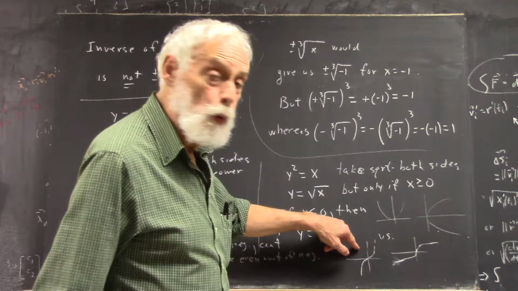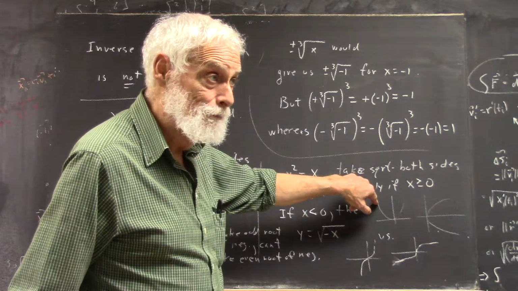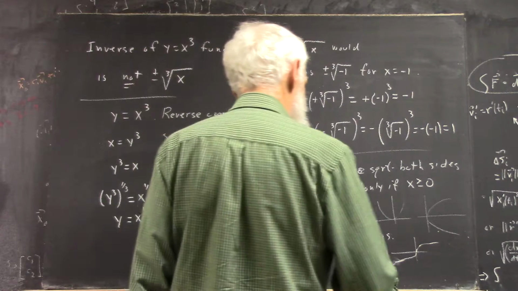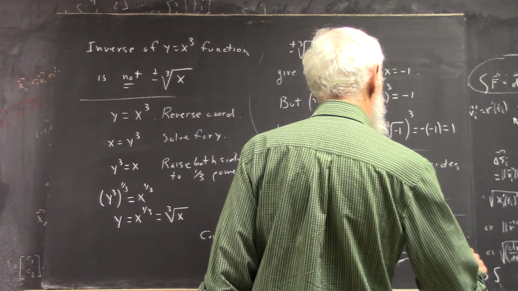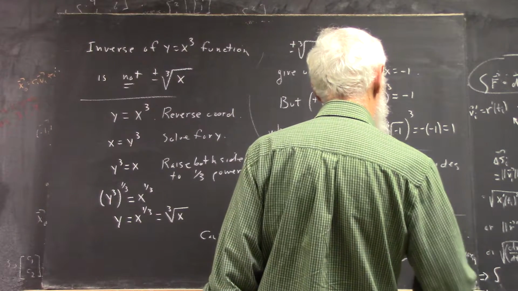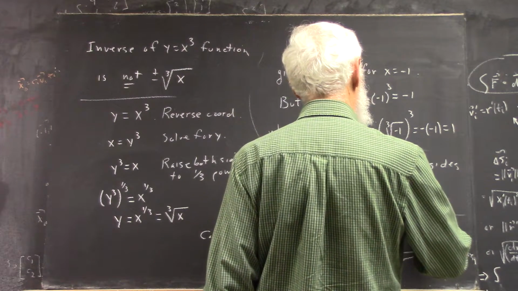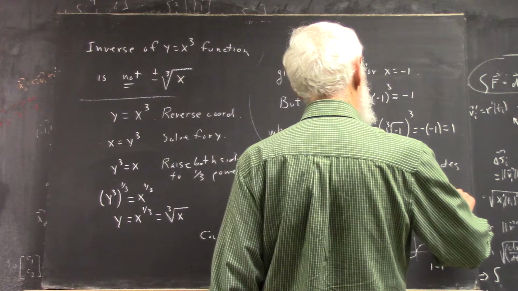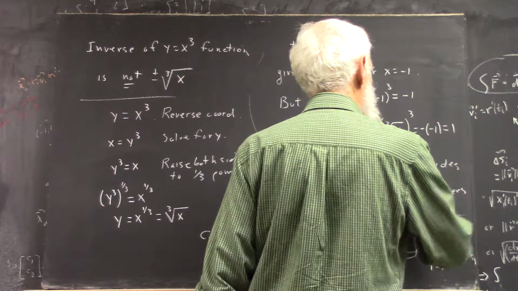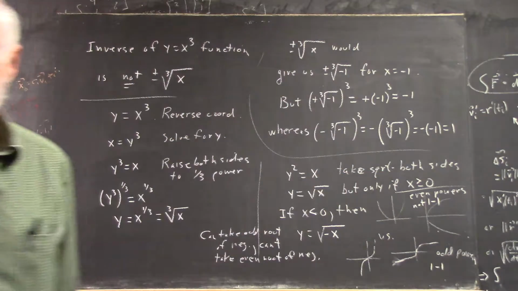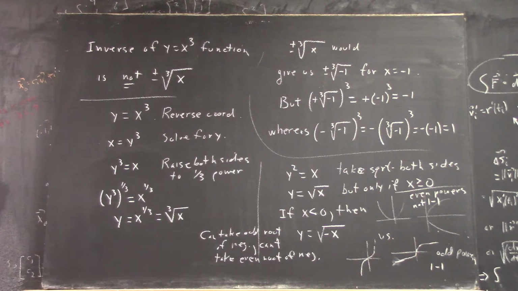This is. This is 1-to-1. This isn't. And odd powers are 1-to-1, even powers aren't 1-to-1. Okay? So you want to ponder that a bit.